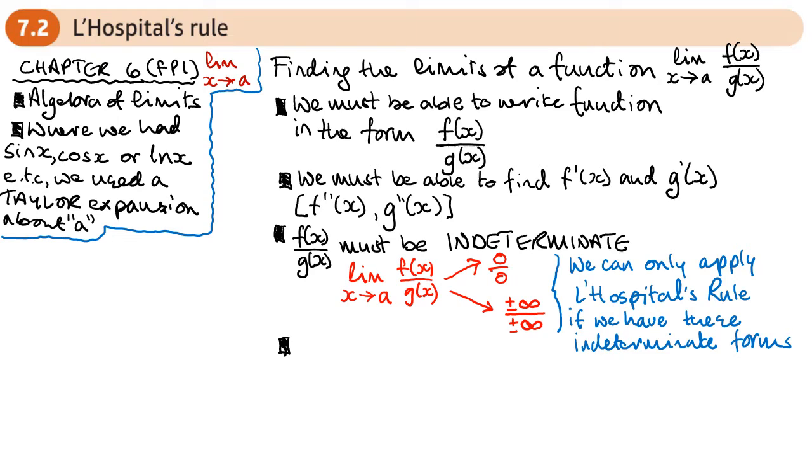And his rule says that if this is what we're trying to find, the limit of this quotient, that is actually equal to the limit of their derivatives. So the limit of the derivatives.